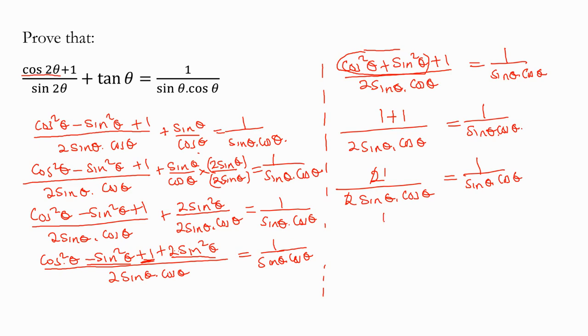Then we remain with 1 over sine theta cos theta is equal to 1 over sine theta cos theta, which is left hand side equal to right hand side. Right, this is our question 3A1. It was a long one. I don't know how many thetas I said here, but that's what we're supposed to do.